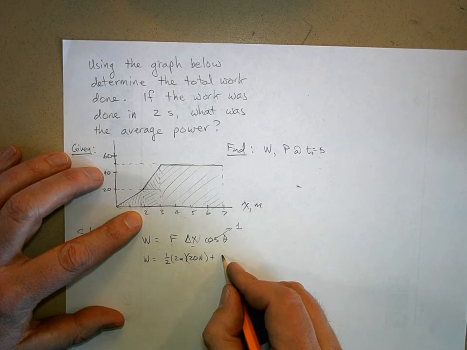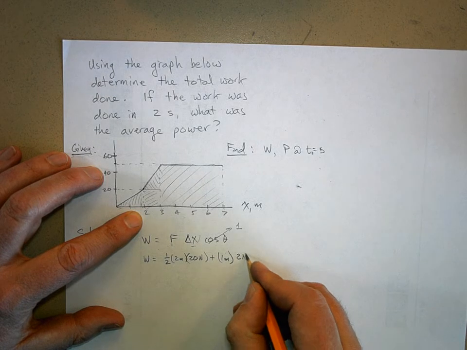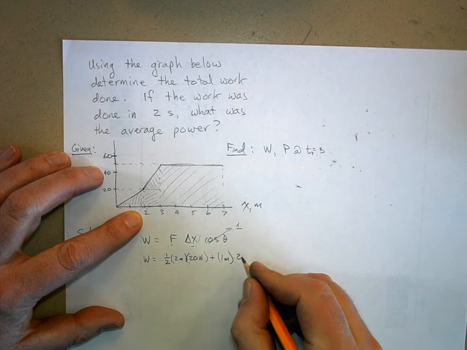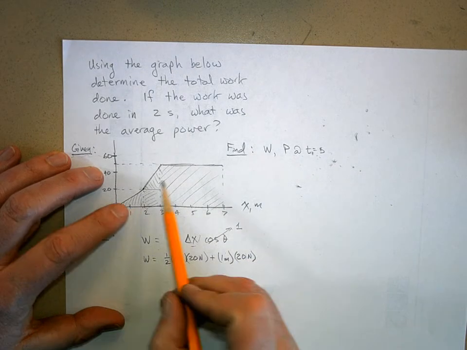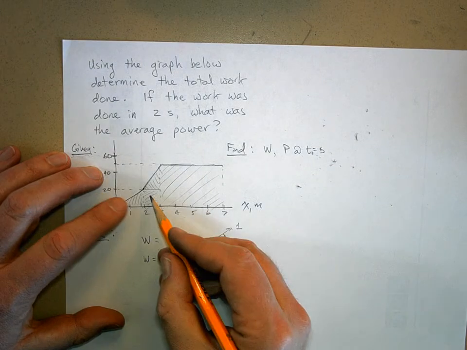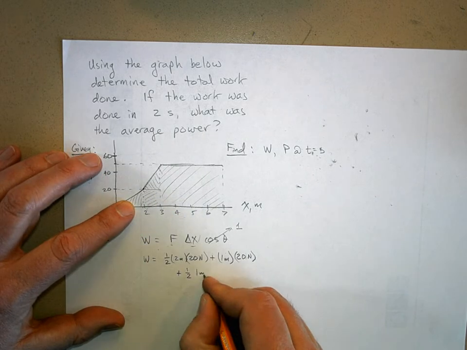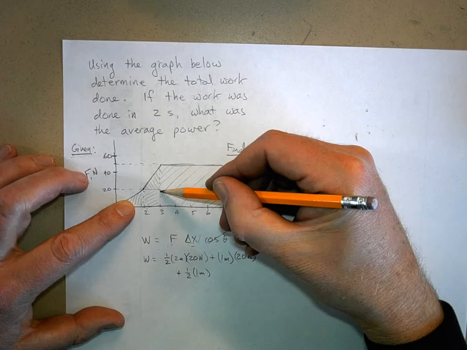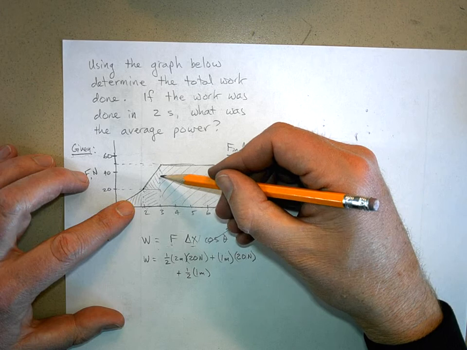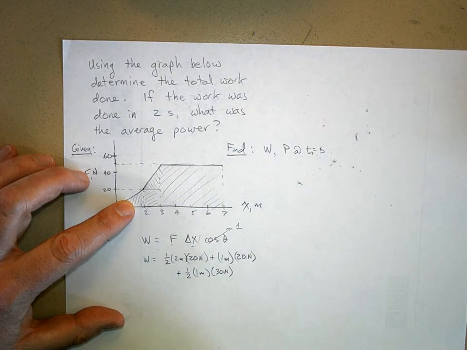The base is 1 meter, times the height is 20 newtons. And then we got this little triangle right here. Plus 1/2, because it's a triangle, the base, which is 1 meter, times height. Well, we went from 20 to, see, 20, 30, 40, 50. So we went up 30 newtons, right? Is that right? Agree with that?